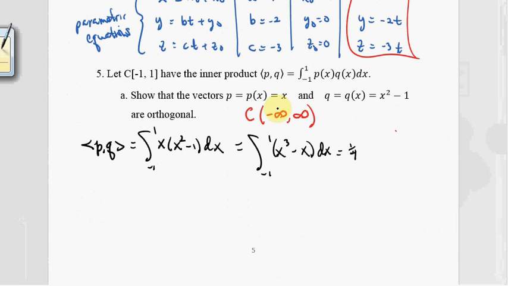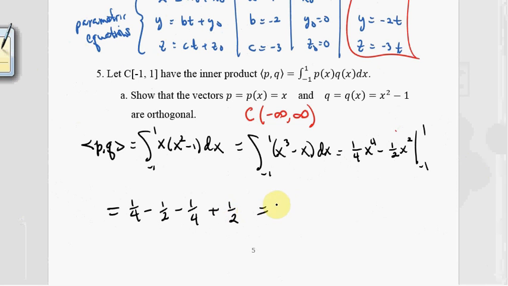So you get 1/4 x to the fourth minus 1/2 x squared from -1 to 1. And so that gives us 1/4 minus 1/2, and then minus 1/4, then plus 1/2, you get 0.